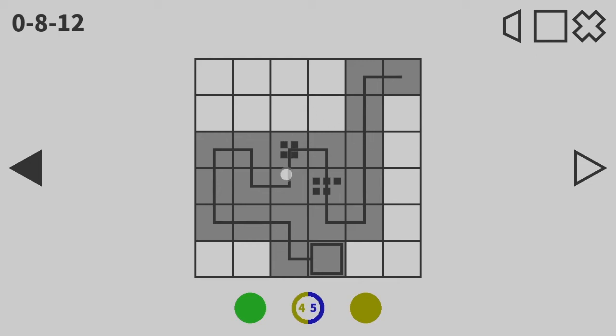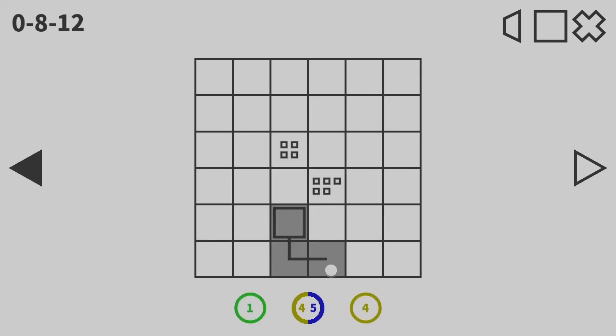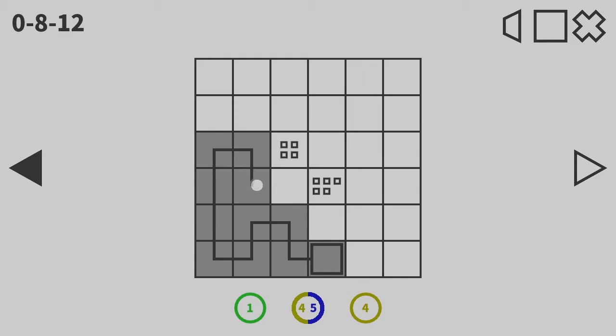I don't know. T-shapes. T's are nice to tessellate. T. So something like this. That's 2 T's. That would be another T. There's another T. That's 4 T's. 40.